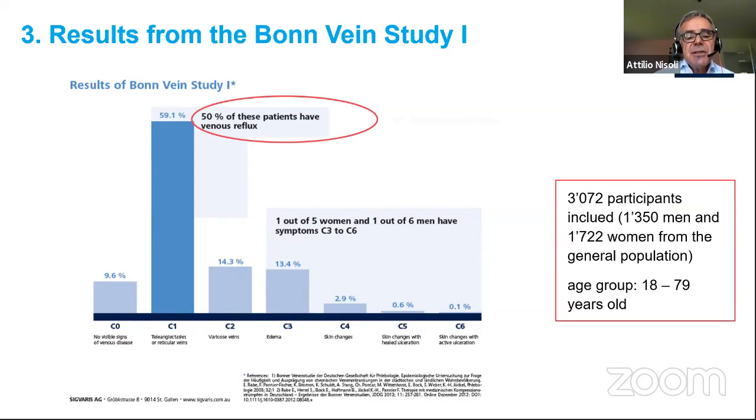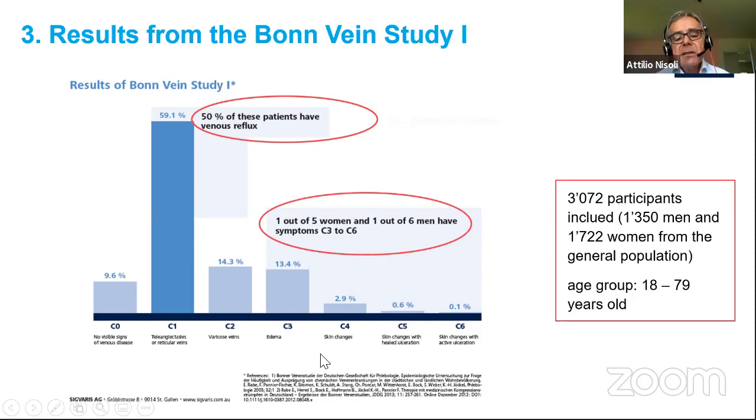Then there's C2 with 14.3% with varicose veins, and the rest, as you can see, spread out between the edema C3 up to the active ulcer. And what also came out of these results is that 1 out of 5 women and 1 out of 6 men show symptoms between C3 and C6. So these are the results from the Bonn Vein Study.